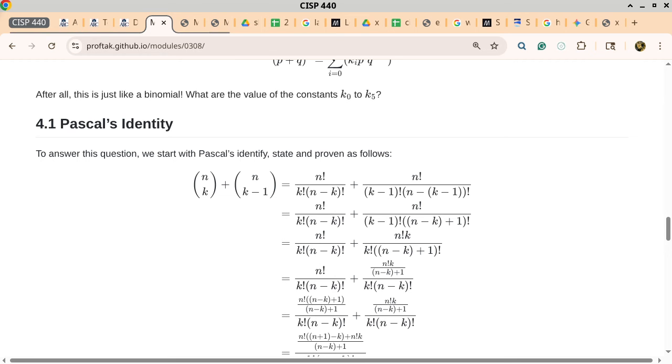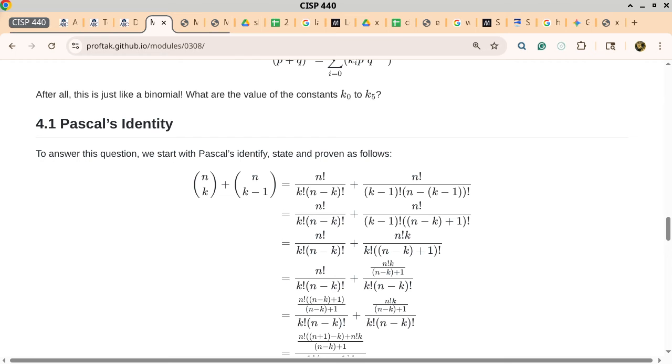So once we have that, we move on from the third to the fourth item. What we are doing is we are dividing both the numerator and the denominator by n minus k, the whole thing plus 1. On the numerator, n factorial k divided by n minus k plus 1, there's no easy way to simplify that.